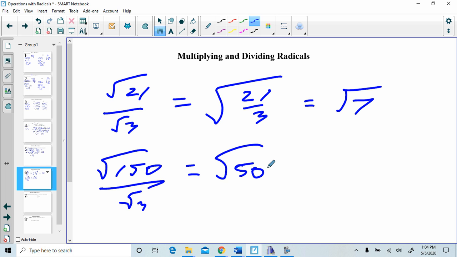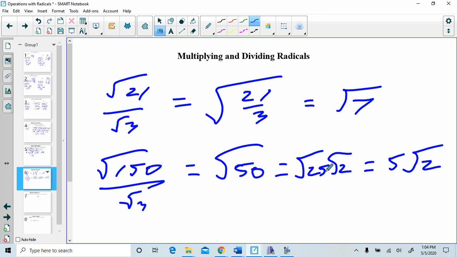And 50, we know there's a perfect square in there. Factors of 50, 2 times 25. So we're going to break this down to have a perfect square. So square root of 25 times square root of 2. And we'll just take the square root of 25, which is 5, and leave the root 2 there. Okay, so that's been broken down and simplified as far as it can go. And this was dividing some radicals.